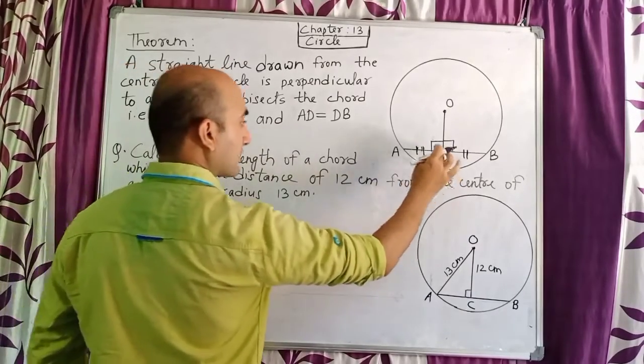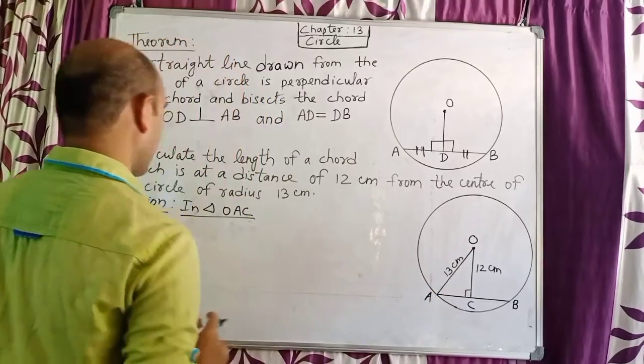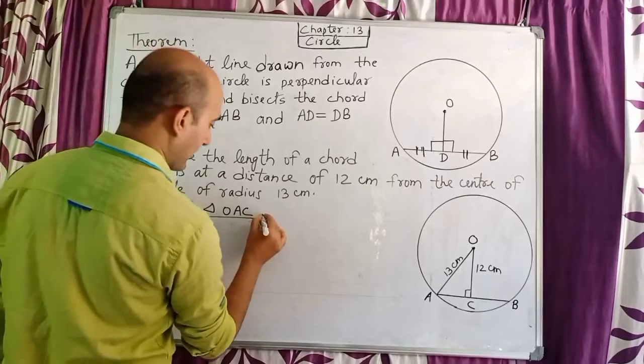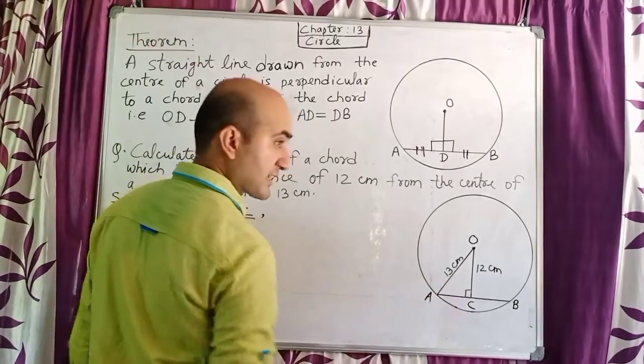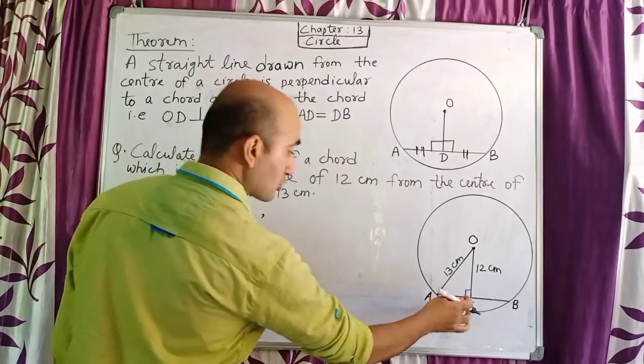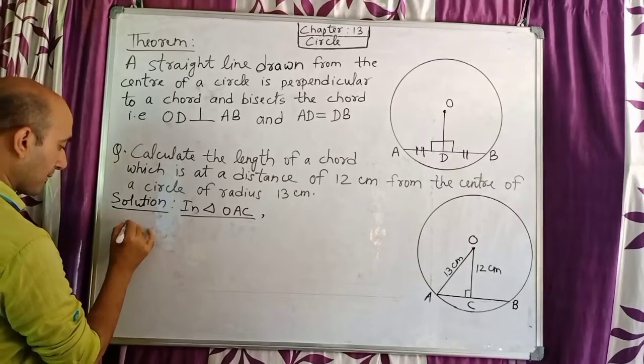Now here I wrote D and here I wrote C. There is no issue with that. You can write anything. Now in this triangle OAC, what will happen? You have to find the base, because the base is half of the chord. So to find the base, we will use the base formula.